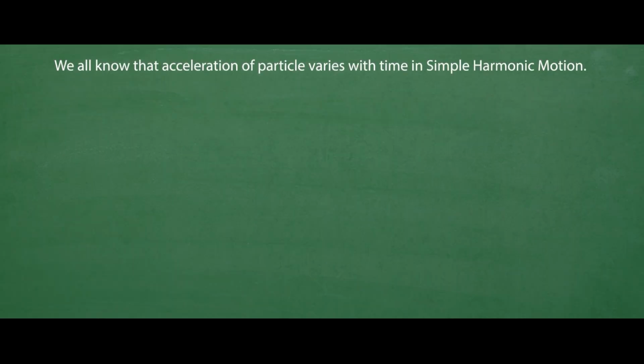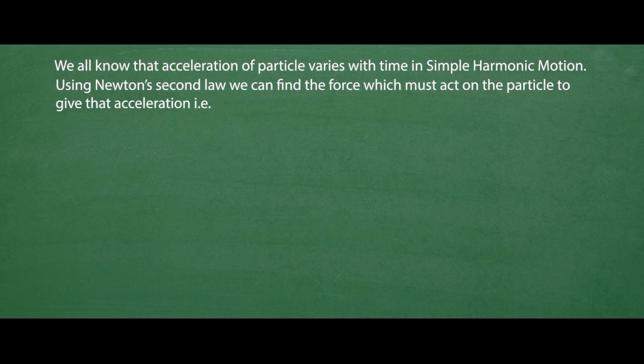We all know that acceleration of a particle varies with time in simple harmonic motion. Using Newton's second law, we can find the force which must act on the particle to give that acceleration. So I hope you all remember what is Newton's second law. Do you remember?